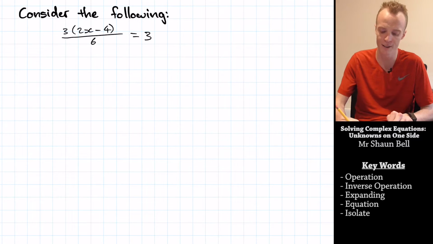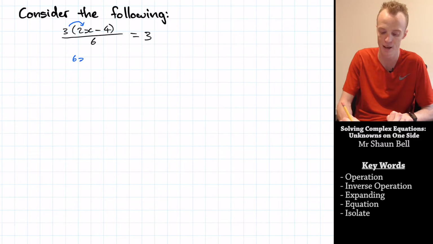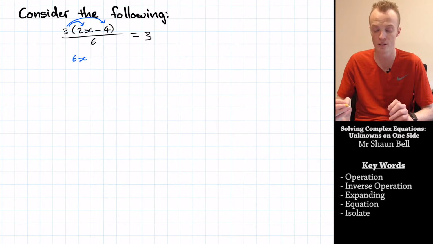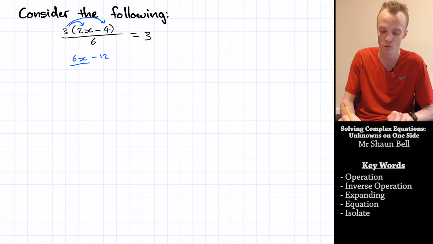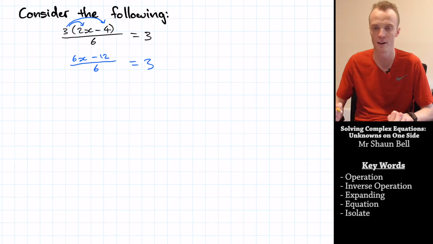To do that, I expand it by going 3 times 2x, which is equal to 6x. Then I go 3 times negative 4. 3 lots of negative 4 is negative 12, so I subtract 12. This is still all going to be divided by 6, and it's still equal to 3.